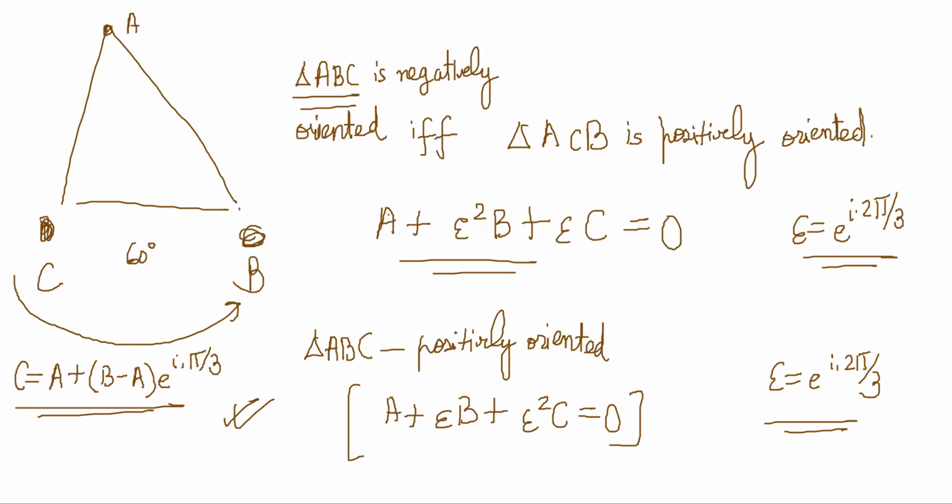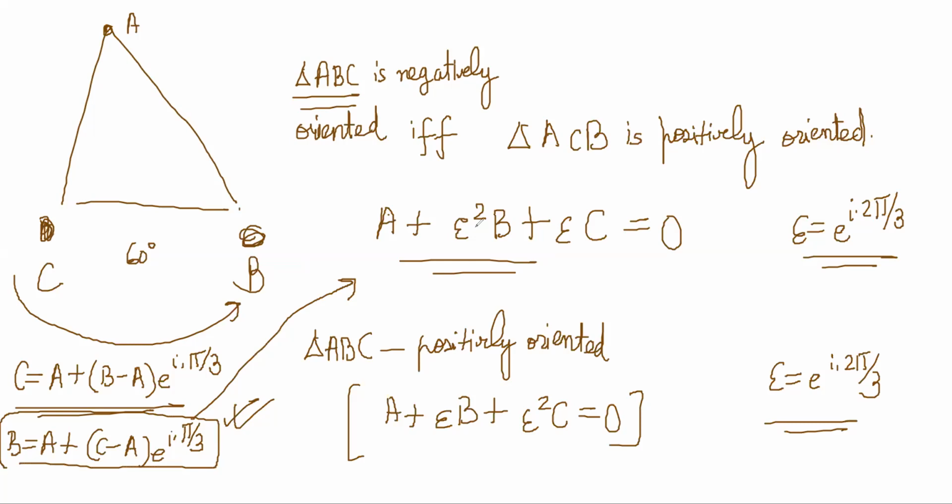Now here C and B have exchanged position. So you will write B as A plus (C minus A) e power i π/3. That is your new situation for a negatively oriented triangle, right? Again, the identity will be true, but the identity is slightly different now. Is everyone understanding?